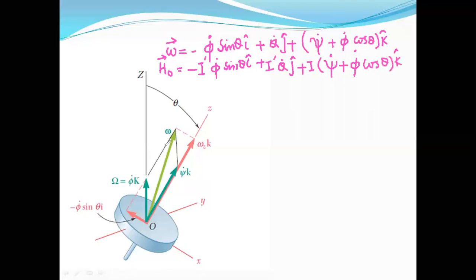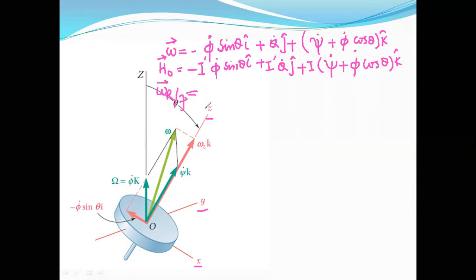And we had also derived the angular velocity of the rotating frame of reference, which we represent by small x, small y, and small z, with respect to the ground frame of reference. Let me write this as omega r. This is what we had in fact derived previously as well.